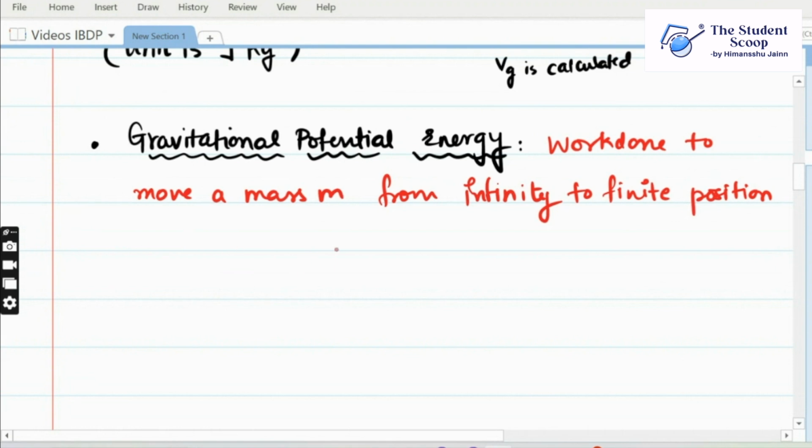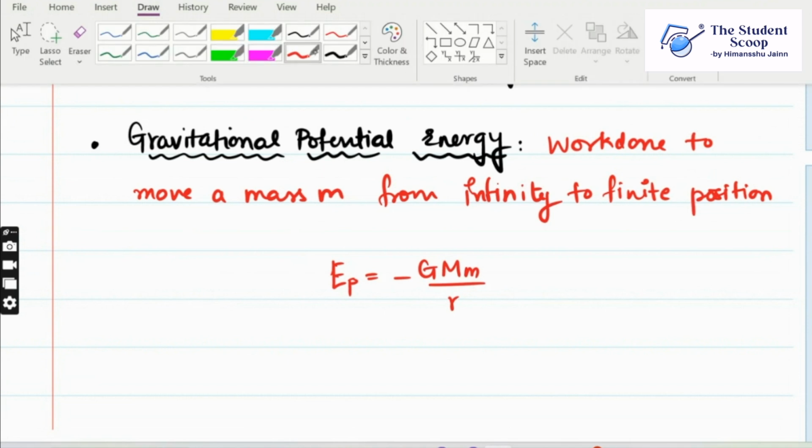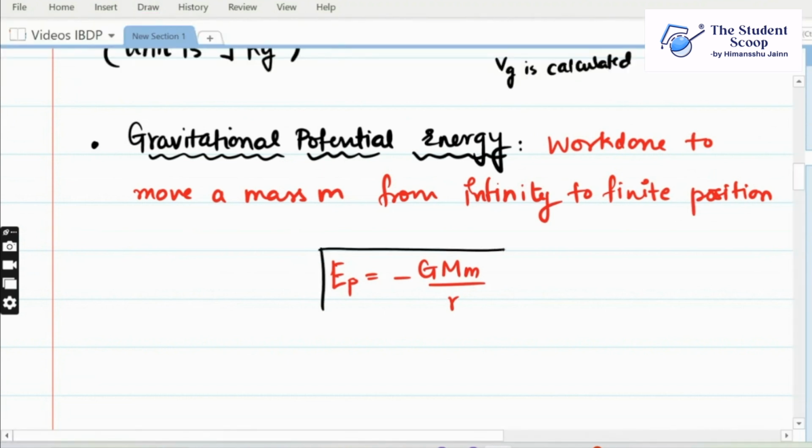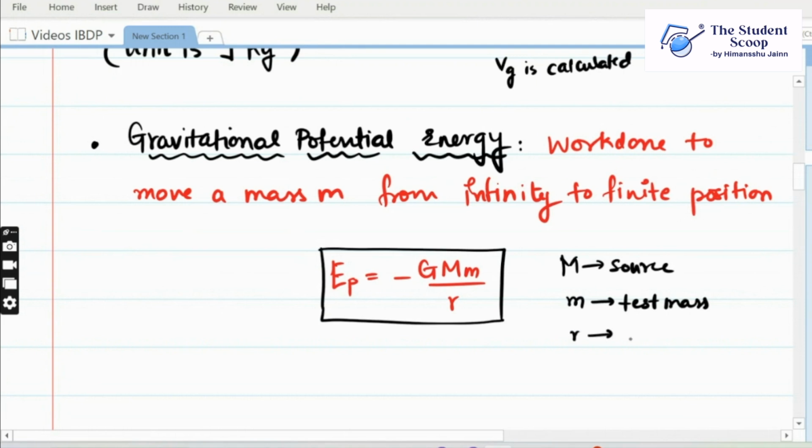This formula is given as Ep is equal to negative GMm over r. Here M and m are the two masses. One is the source mass, and the small m is the test mass, the mass we are trying to move. r is the distance between the masses.